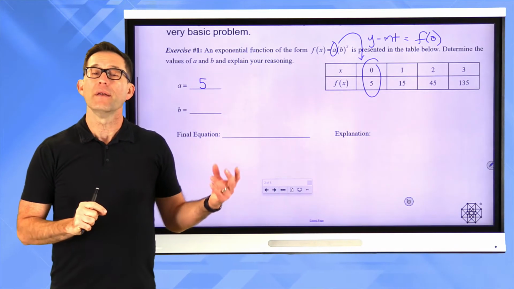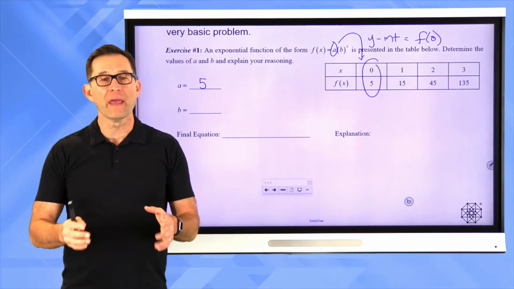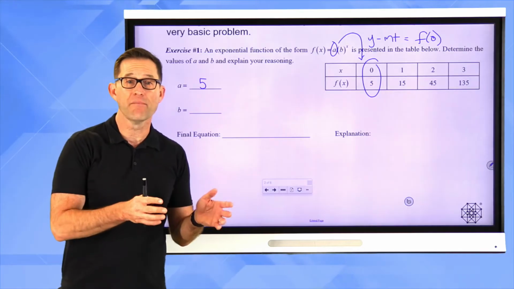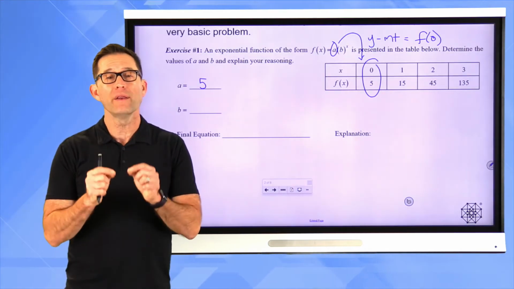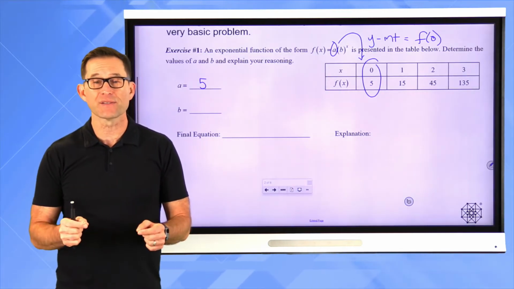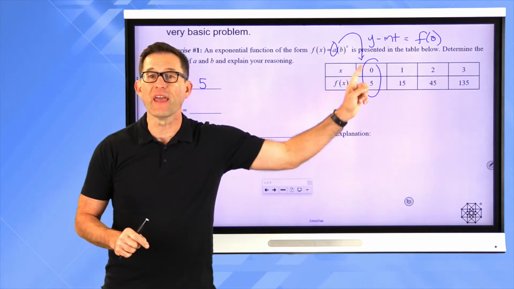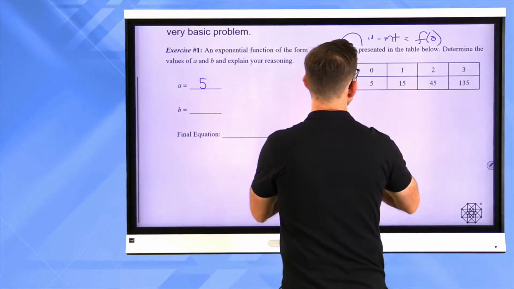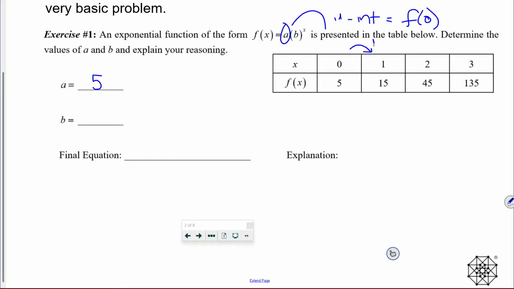All right. Now, the value of b, the base, is going to be the number that we're going to multiply a by for a 1 unit increase in x. So we can see, right, that the x's, and this is very, very important, the x's in this table increase by 1 unit each time. That's very important. We're going to get into more complicated exercises where that doesn't happen.